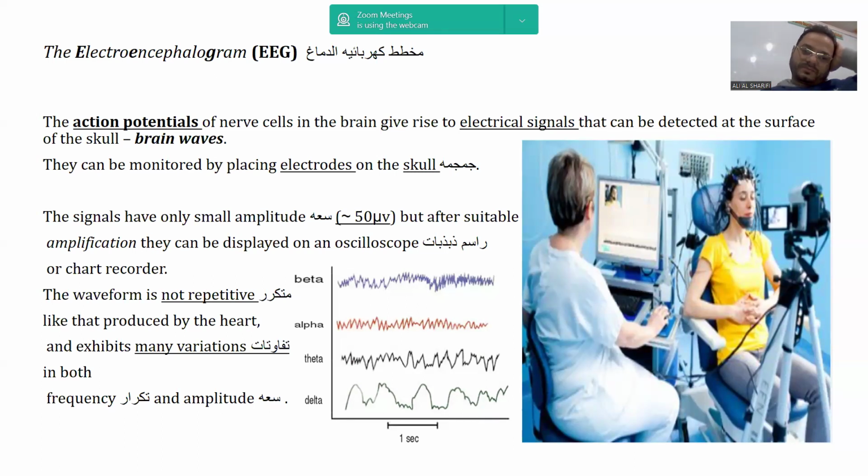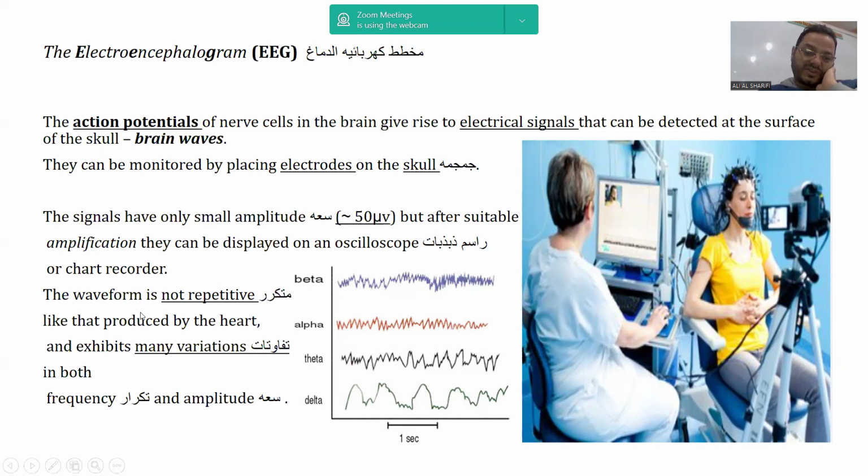By that, the waveform is not repetitive, and we can plot a curve like one of these. Here, let's take some notes by comparing with the ECG device.